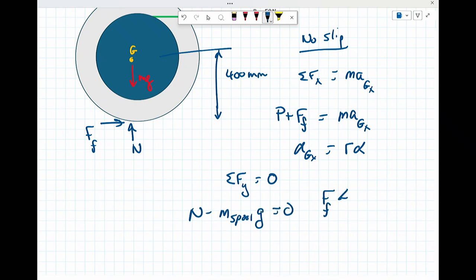And for this to hold true, I need the force of friction to be less than or equal to mu sub s N, the static coefficient of friction times normal force, because that's all I have. That's what's determining. Normal force is nice here. It's mass times G.